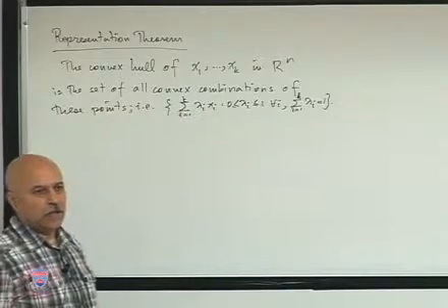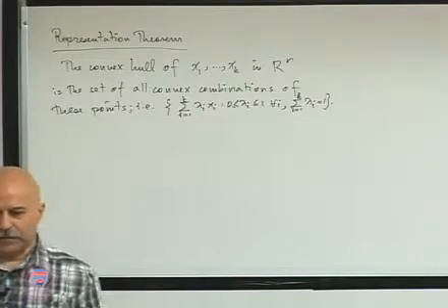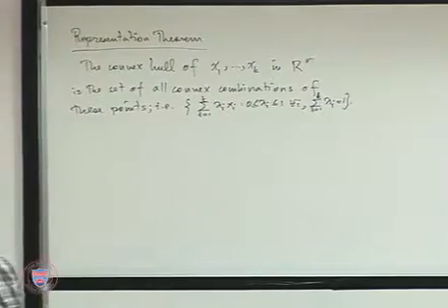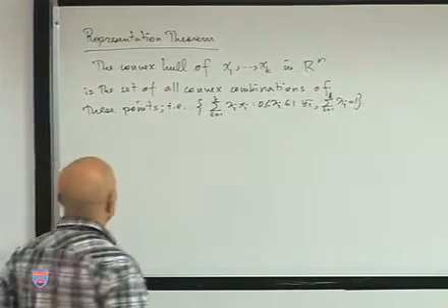And so the sum over i of lambda_i x_i gives you the set of all such possible points. Okay.